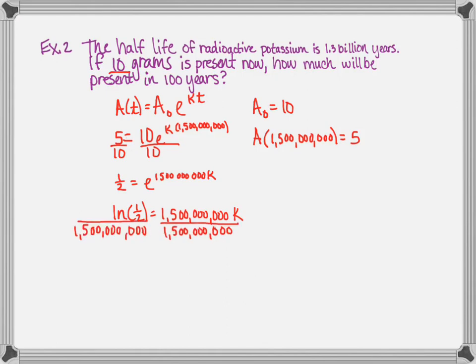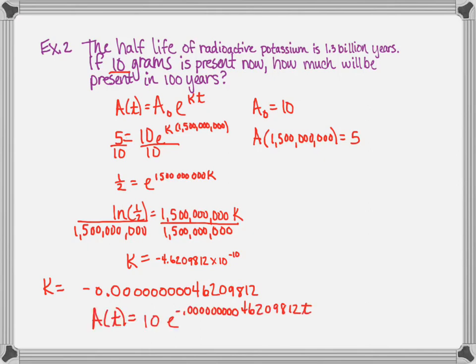Divide both sides by 1.5 billion, and we get k is equal to negative 4.62099812 × 10^(-10), or negative 0.000000000462099812.